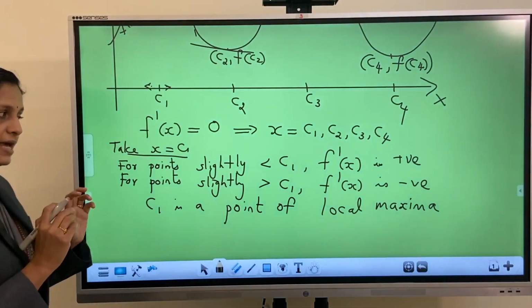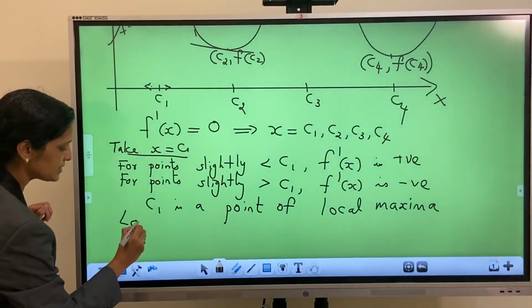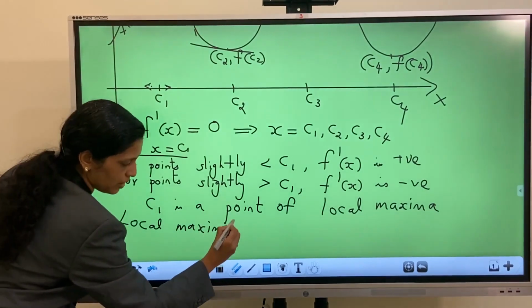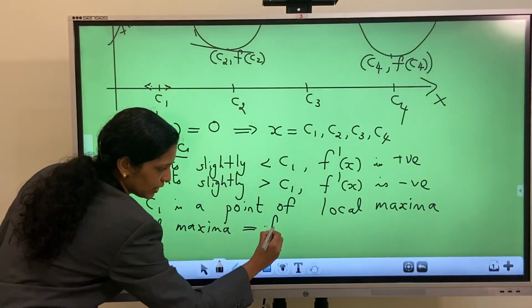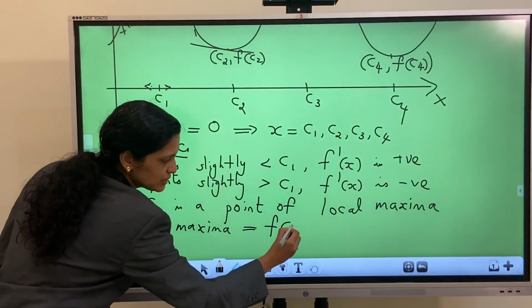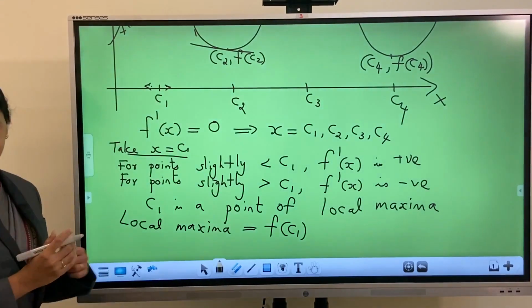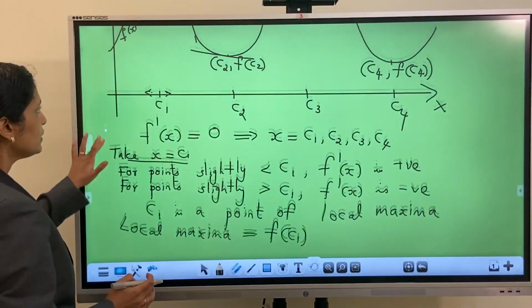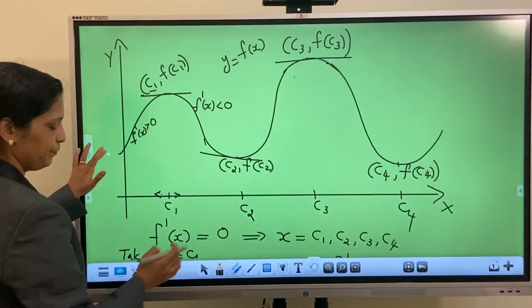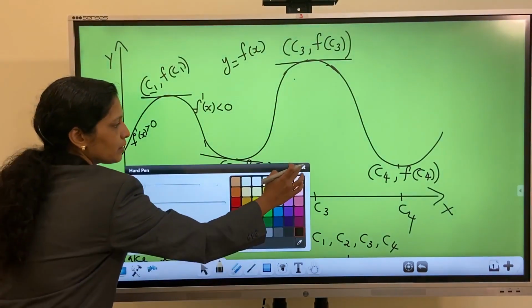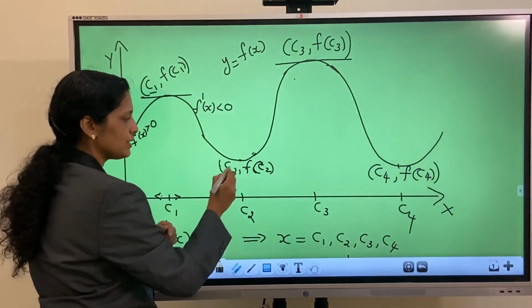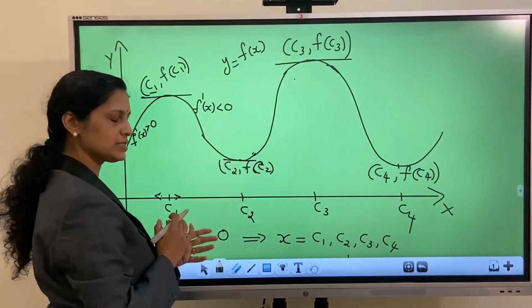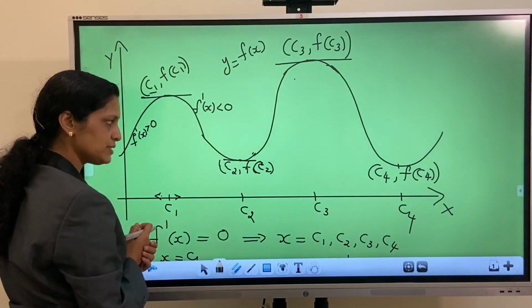And in this case, we can find the local maxima value by substituting the value C1 in f of x. This is the method. Then coming to the point of local minimum. Look here, the tangent at this point is parallel to the x-axis, therefore f dash C2 is also 0.